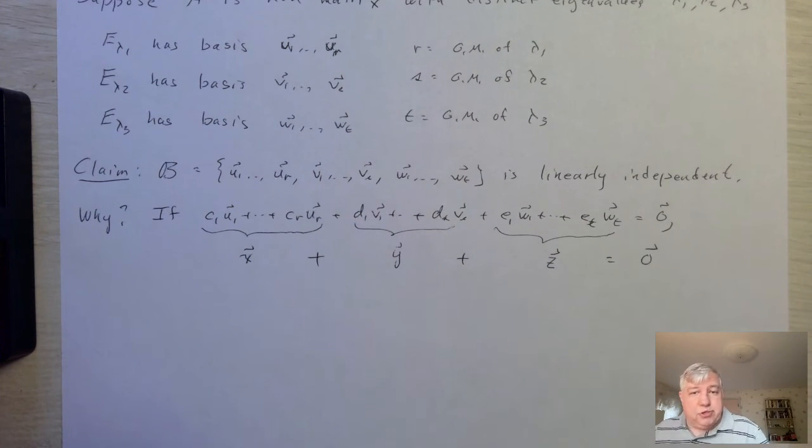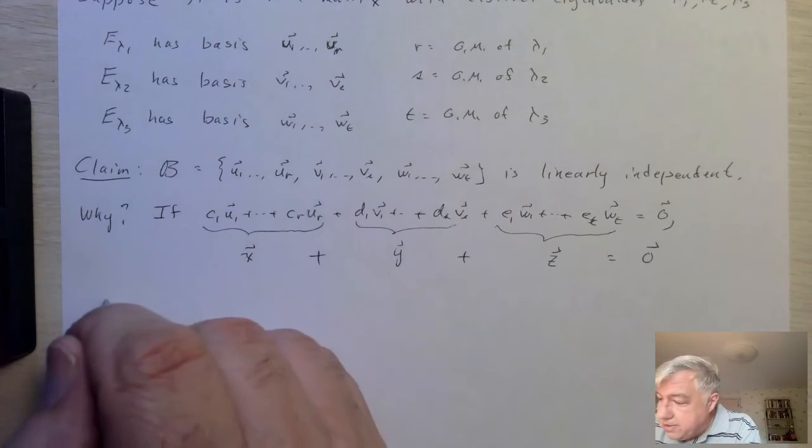Lambda 1, lambda 2, and lambda 3 are distinct, so x, y, and z are linearly independent.